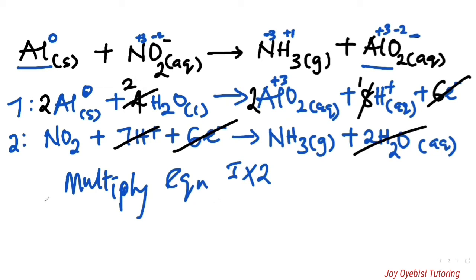At the end of cancellation, we then write out our balanced equation, which is going to be 2 aluminum plus 2 H2O liquid.